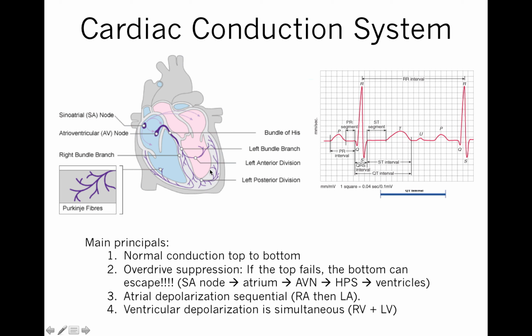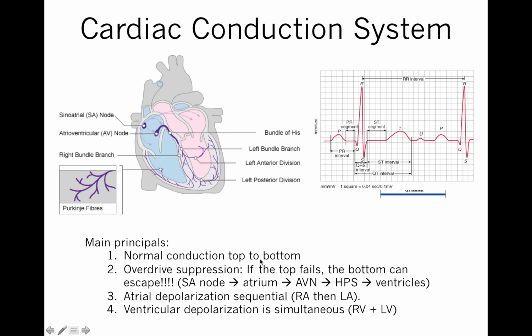The His-Purkinje system will lead to depolarization of both ventricles simultaneously, and you get the QRS, which is usually a narrow complex. There is then the ST segment, where there is muscular contraction which follows the QRS. So first there is electrical stimulation followed by muscular contraction, and then there is repolarization of the ventricles, which is seen as the T wave.